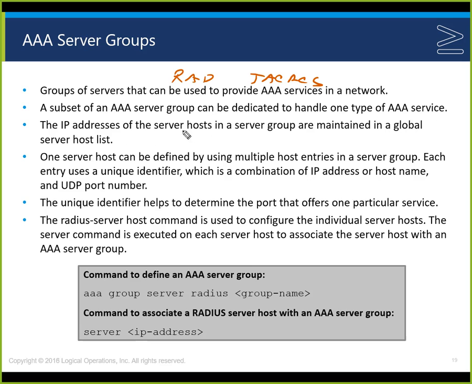The IP addresses of the server hosts in a server group are maintained in a global host list, and then one server host can be defined using multiple host entries. This all goes around, so we can have multiple servers. Each has a unique identifier, a combination of IP address or host name and the UDP port number. The unique identifier determines the port that offers one particular service, and the particular services we talk about are authentication and authorization.